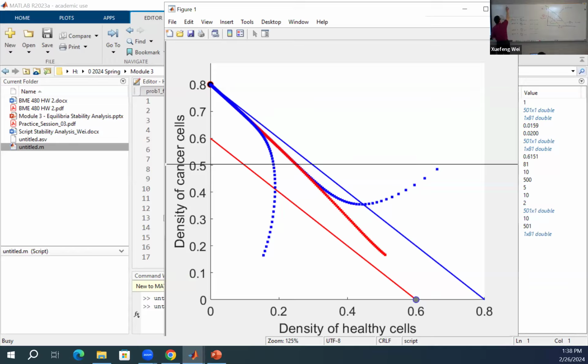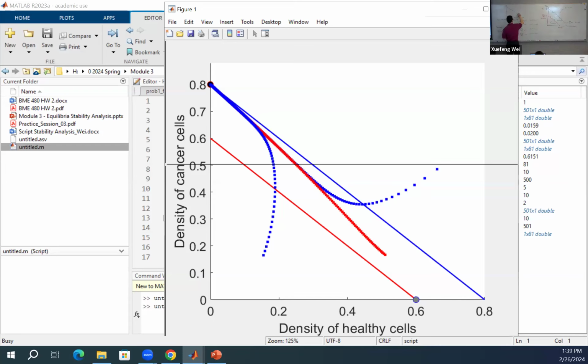You have fixed or equilibrium points: we have an equilibrium point here, and here.